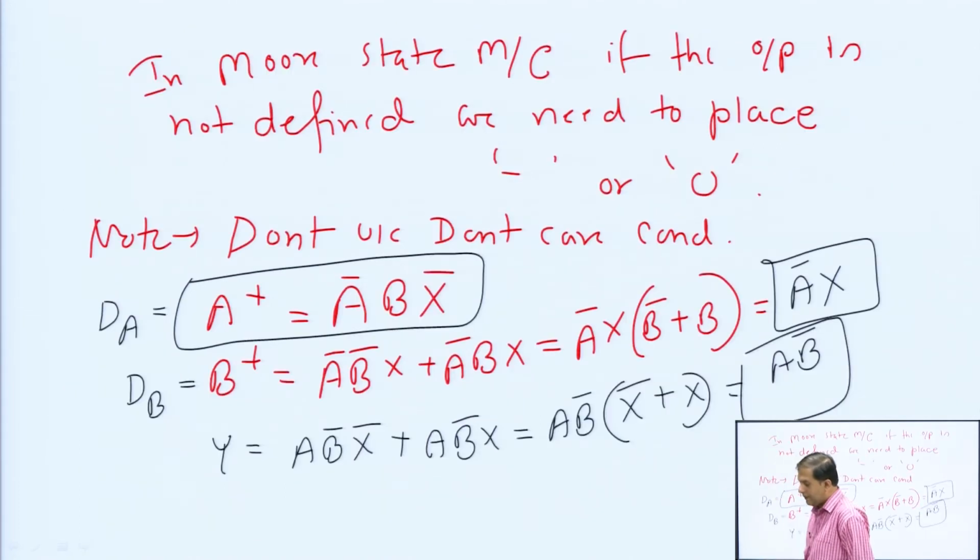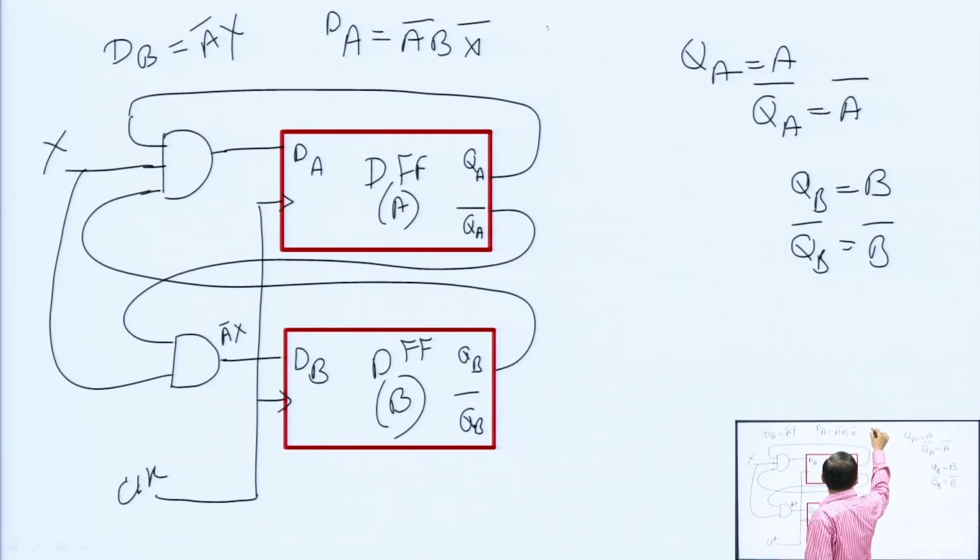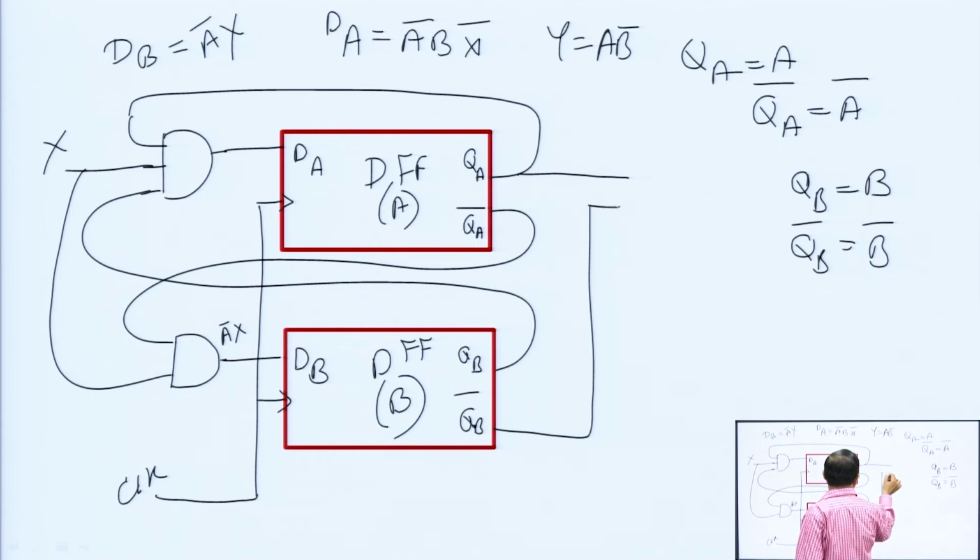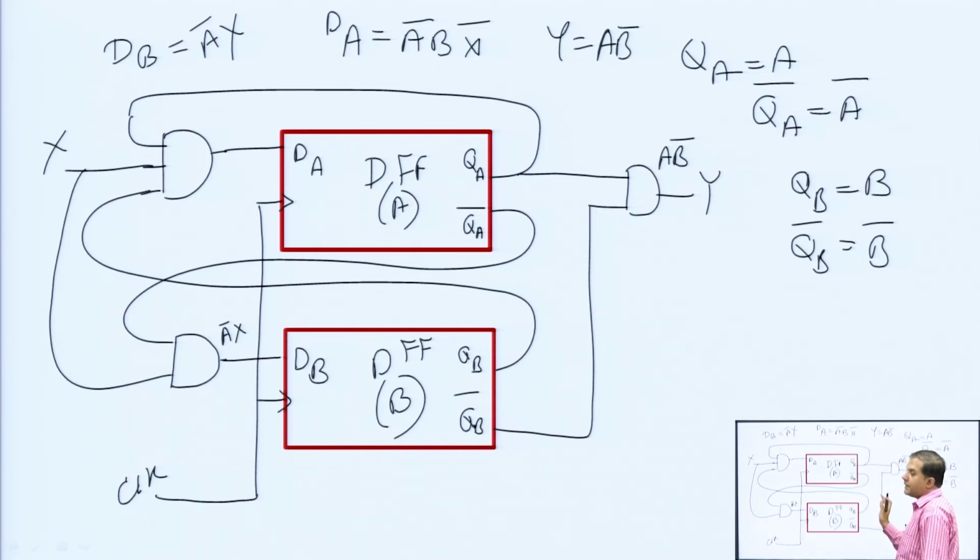And y is equal to A B bar, means this is Q A and this is B bar, then this AND gate will be y. Clear all of you? This is the final diagram of the clocked sequential circuit. Q A is equal to A, Q A bar is equal to A bar, B and B bar. So finally, this diagram is completed.